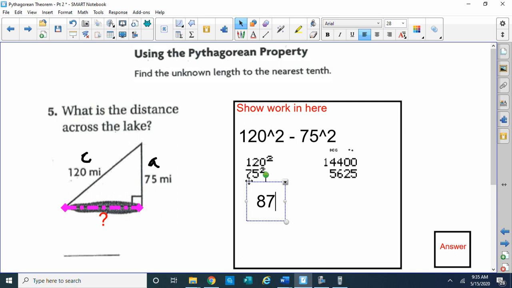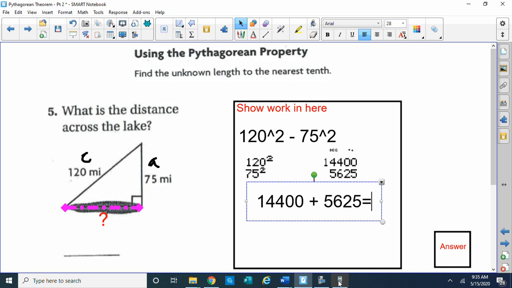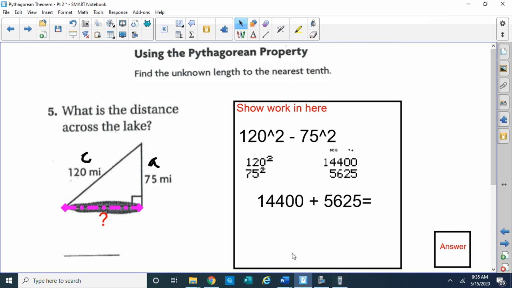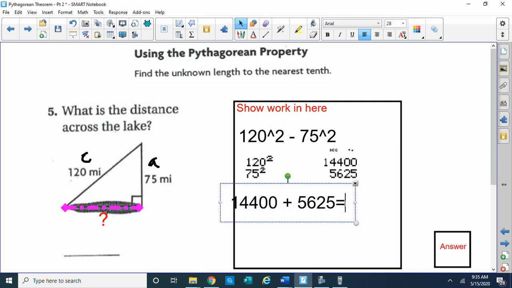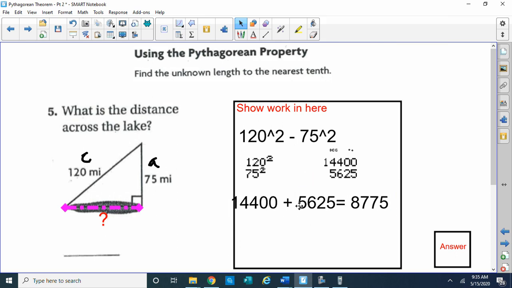So let me write that out, what I did. I took 14,400 and added that to 5625, and that gave me 87.75. Okay, boy. A lot of work. Glad I have a calculator.